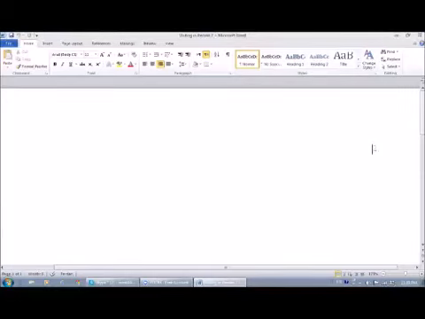Okay, this is the beginning of lesson 7 of writing in Persian. So far, we have learned a number of letters, including those which are non-connective and those which are connective.